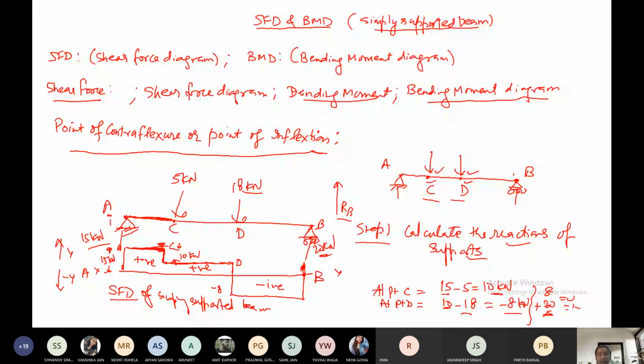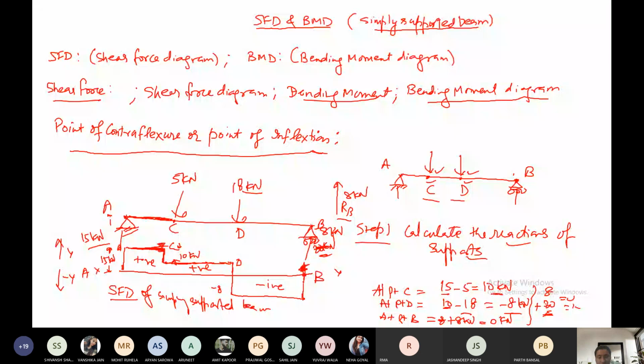And from D to B, there is no force, so we will draw a constant line from here up to the point B. At the point B, let us say the value here is 8 kilonewton upward. That means here it was minus 8, and plus 8 kilonewton we will add at the point B. So this will be minus 8 plus 8, that will be 0 kilonewton. That means we have to raise this up to this point.